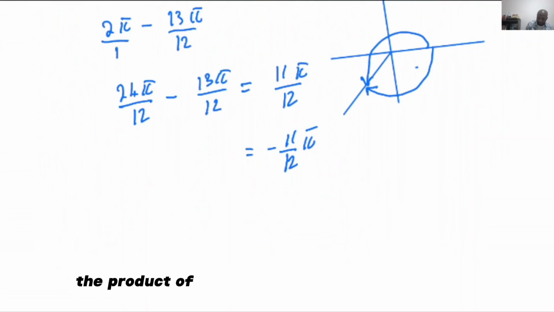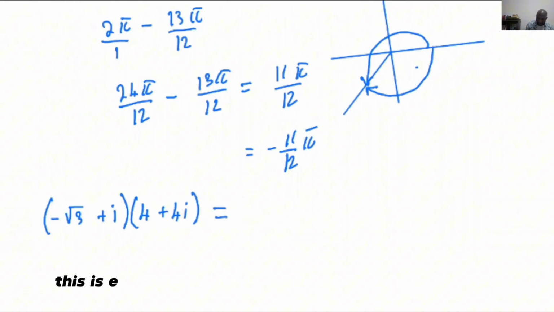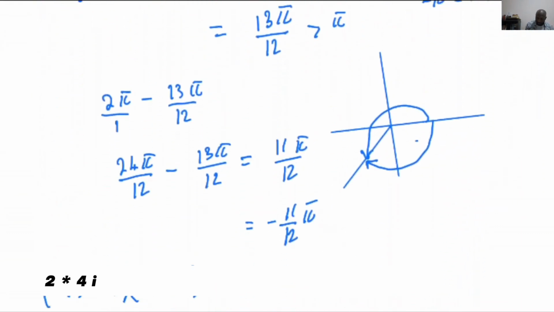The product of the two complex numbers, that is negative root 3 plus i times 4 plus 4i, is equal to the product of the two moduli. 2 times 4 is 8.